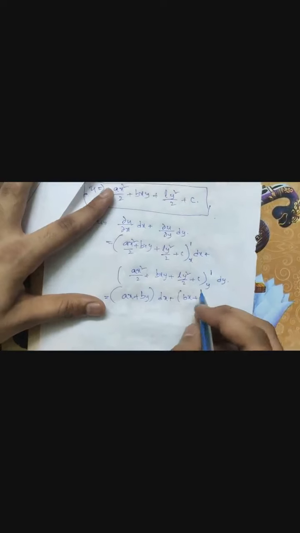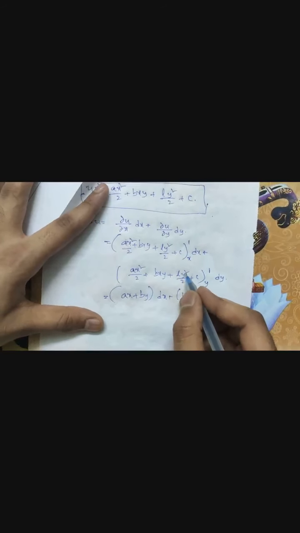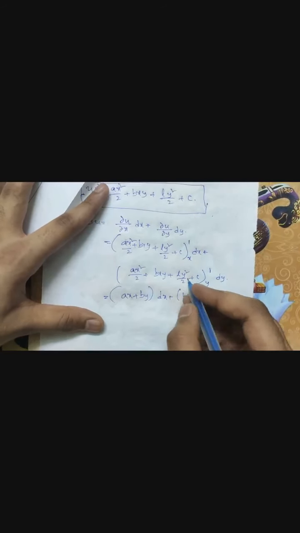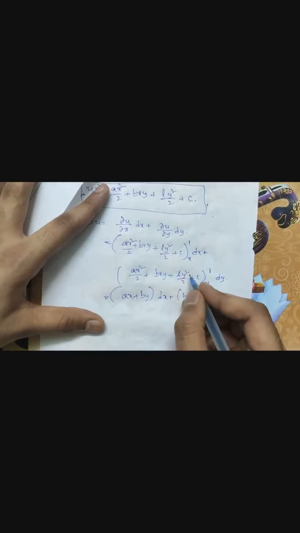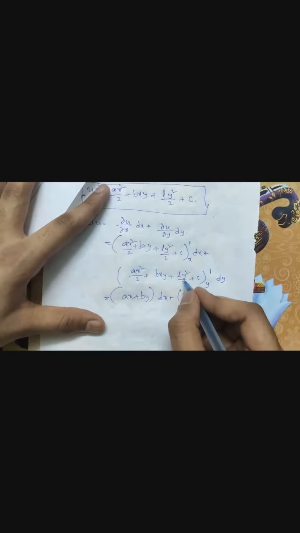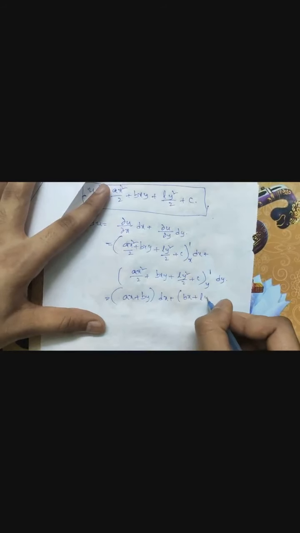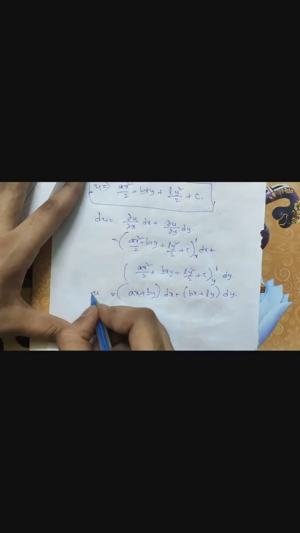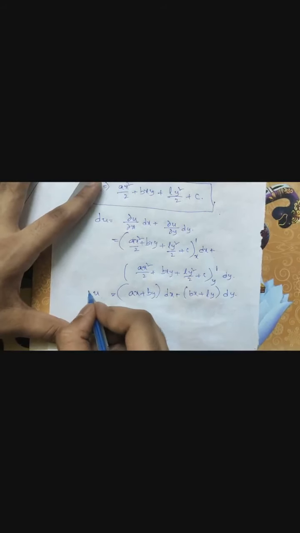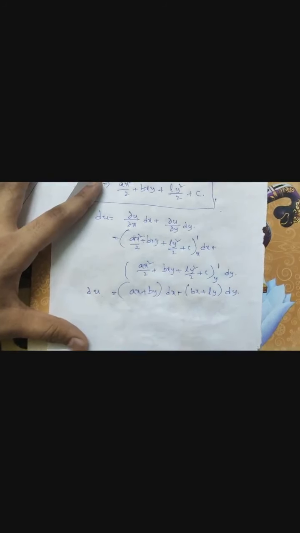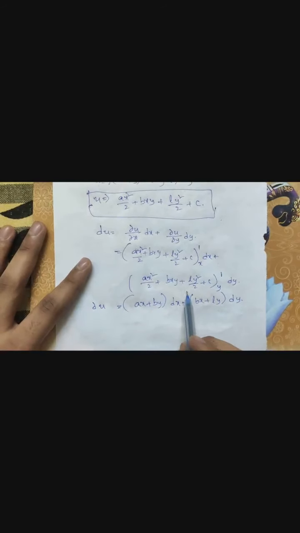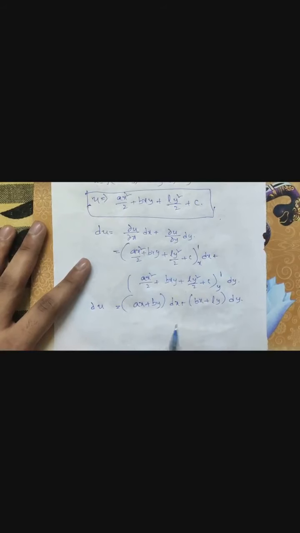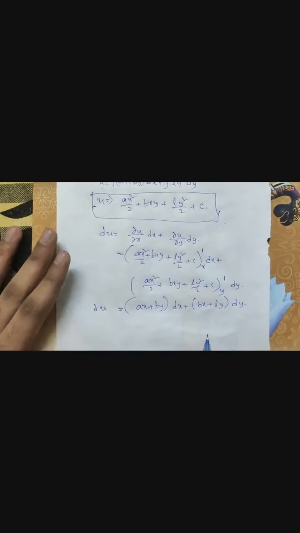Coming to ly square by 2, the partial differentiation of y square is 2y, the 2 cancels, and we get ly dy. That is the exact ODE, du. As you know, b equals k as given in the question, so our solution is correct. This is the way to identify whether your answer is correct or not.